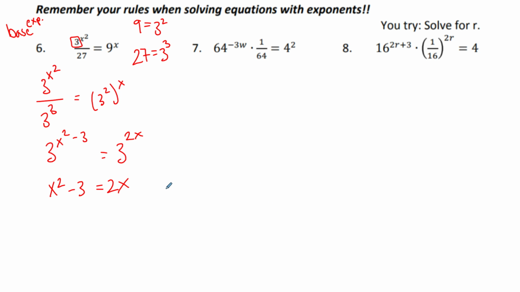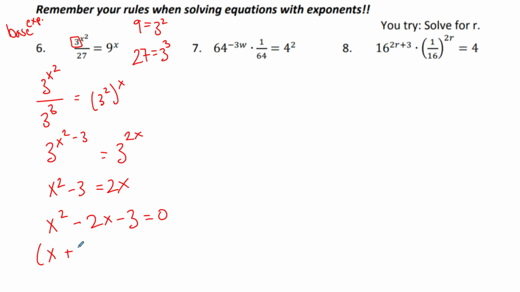Okay? And now this is like a little algebra 1, algebra 2 problem. I see it's a quadratic, so I'm going to move everything over to the left, set it equal to 0. If you need to pause the video and work on factoring it, go for it. I'm going to factor this. X plus, let's see, multiply to negative 3, add to negative 2.